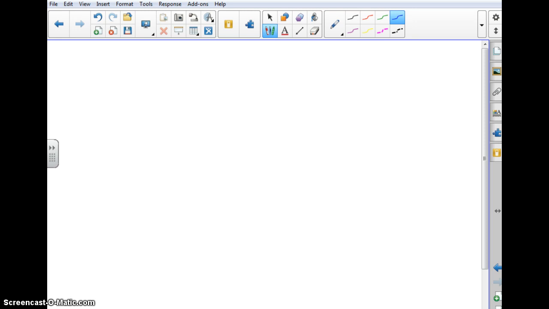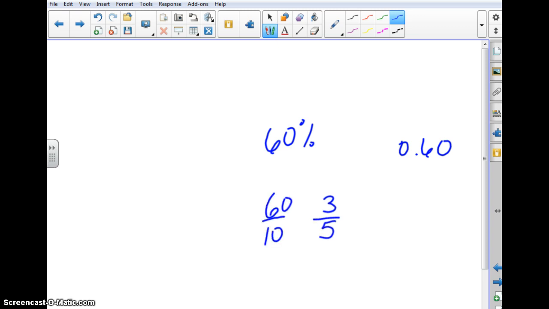There you go. Good job. Sarah? 60%. 0.60. And 3/5. Okay. She started with 60 over 100 and divided them both by 20. That's right. That's the biggest number.